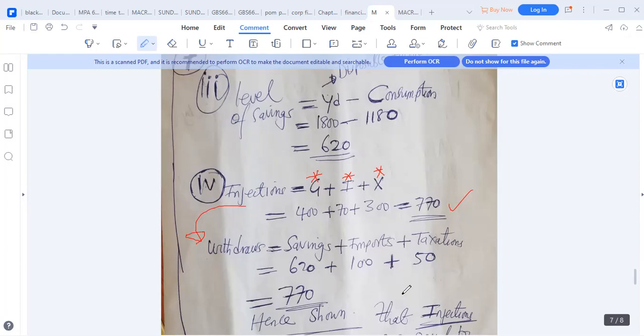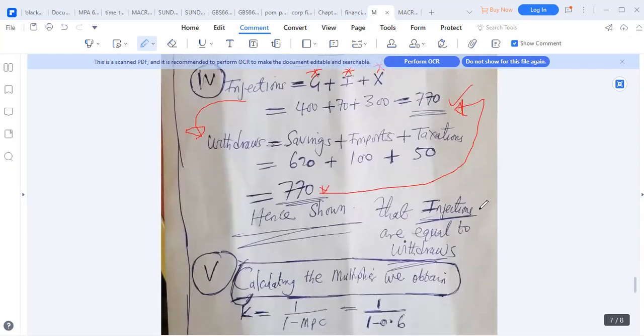So the 770, these are withdrawals. So these are equalizing, and we have shown that injections are equal to withdrawals.